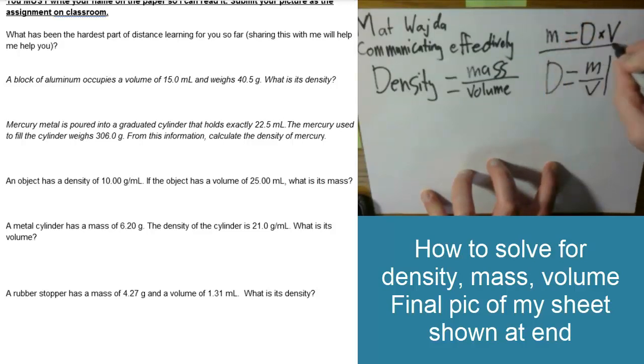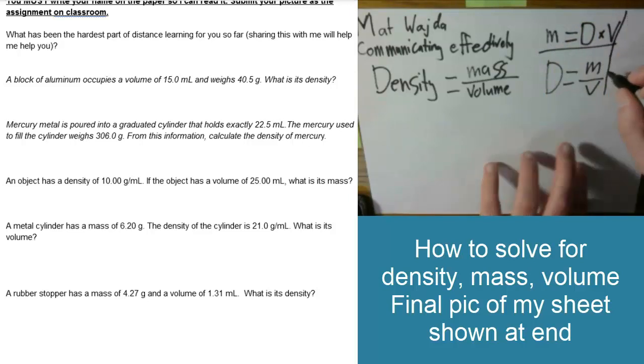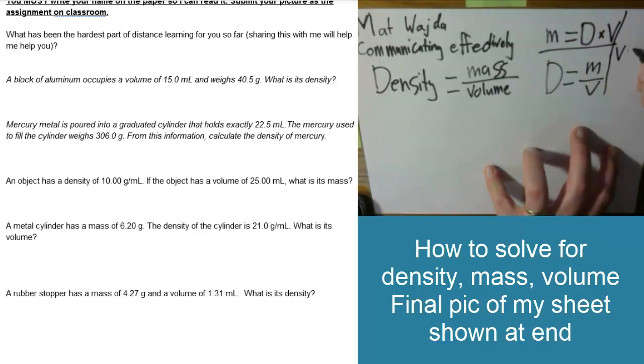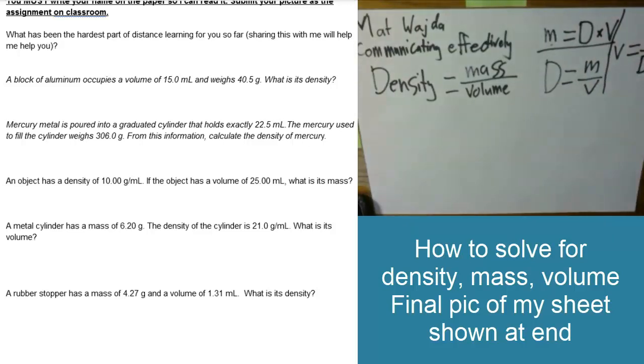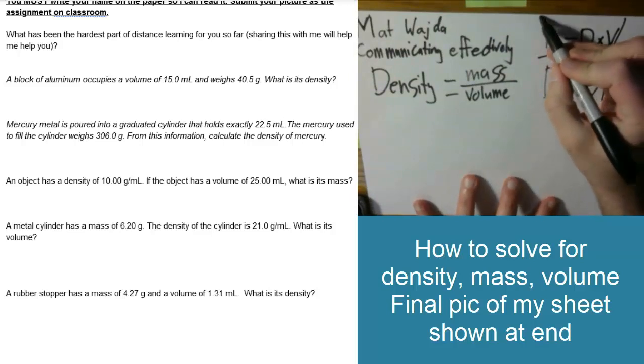So your third version of this formula is volume equals mass over density. Okay, so those are the 3 different versions of the formula.